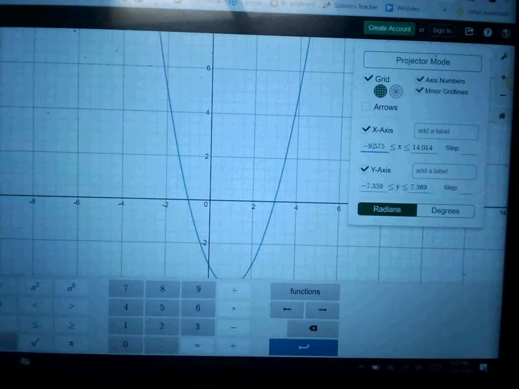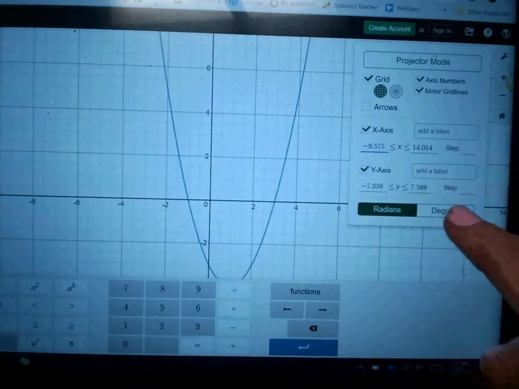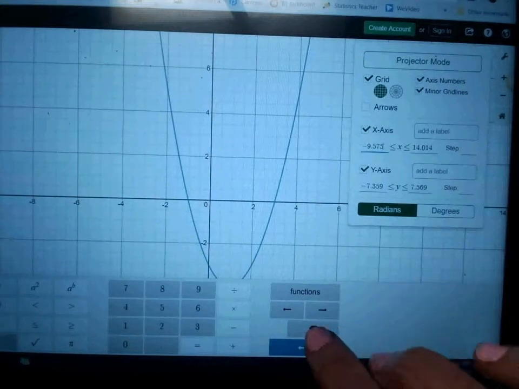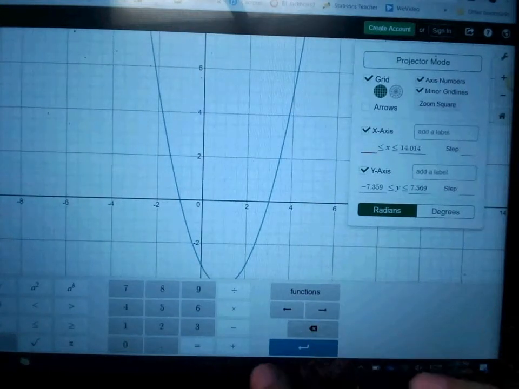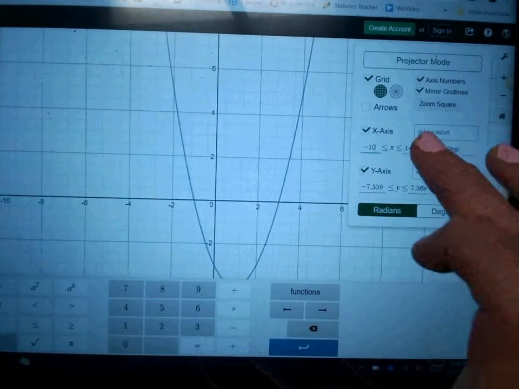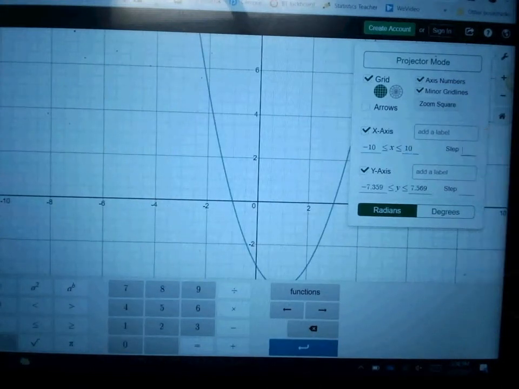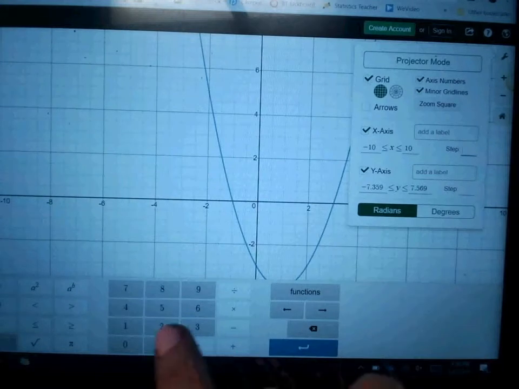So our graphs on our paper go from -10 to 10. So I could literally enter in negative 10 to 10 and make the step 1.